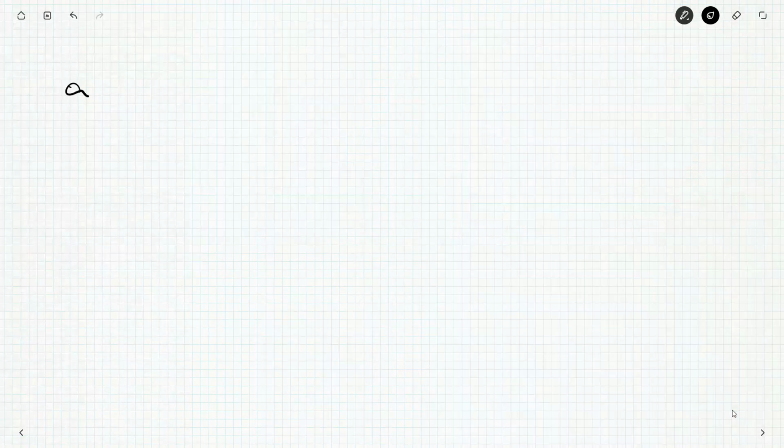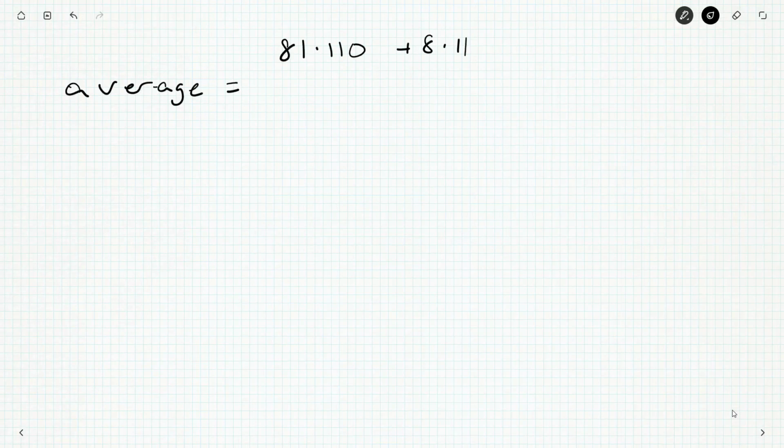So that'll wrap up D quite nicely. The average is 81 times 110 plus 8 copies of 11, all over 89. I don't think we should simplify this to a decimal, because I certainly don't think the top is divisible by 89, since 89 is quite a big prime.